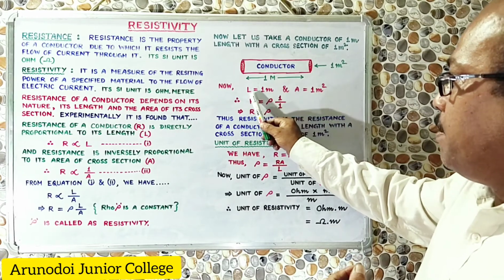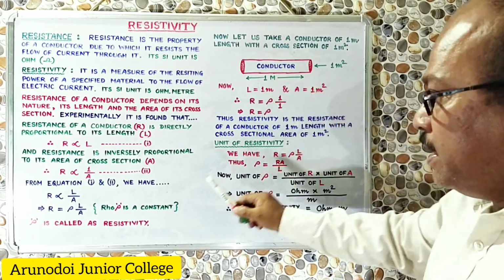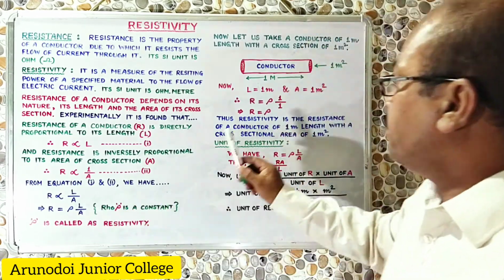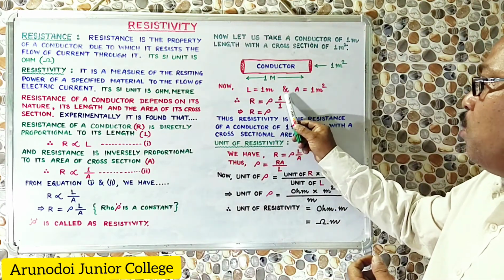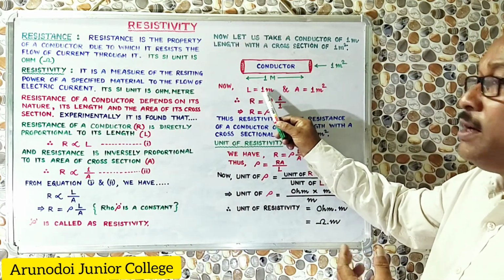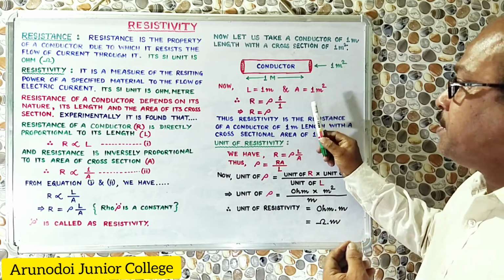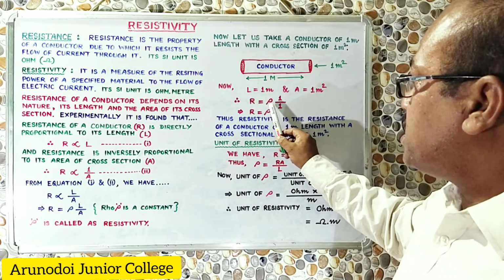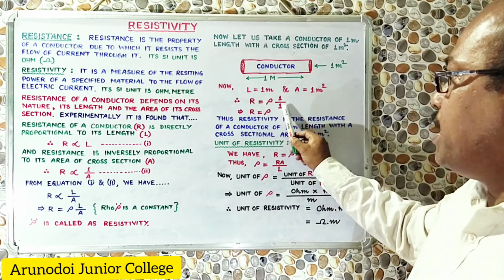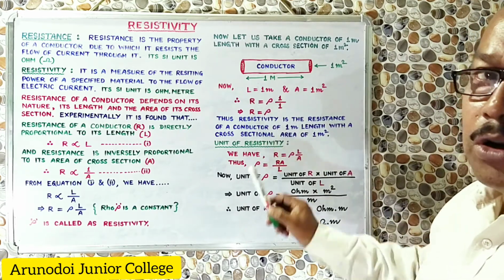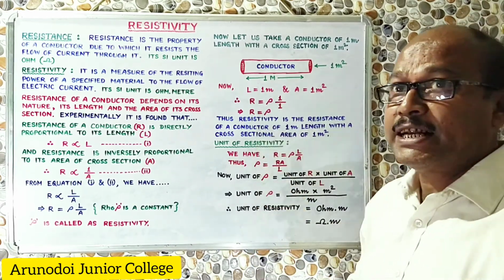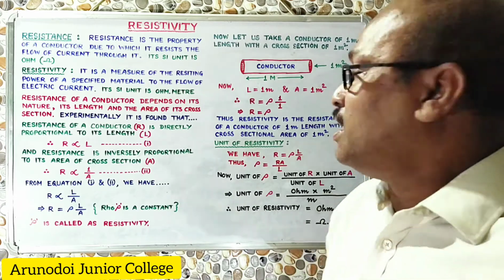If we put the values of L and A in this equation, we get R is equal to rho 1 by 1, because L is 1 and A is also 1. So finally we get R is equal to rho. What does R represent? R represents resistance. And what is rho?